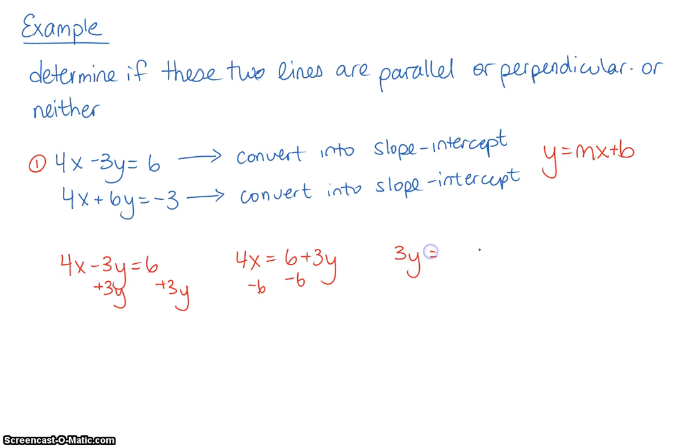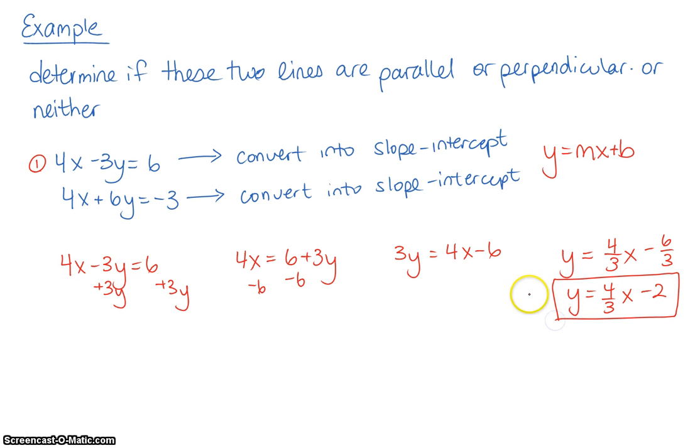And I'm just going to switch their sides here, so I'll have 4x minus 6. I still haven't got y isolated yet, so I divide by 3 on both sides. y is going to become 4 over 3x minus 6 over 3, which reduces down. So y equals 4 over 3x minus 2. That is my first equation.